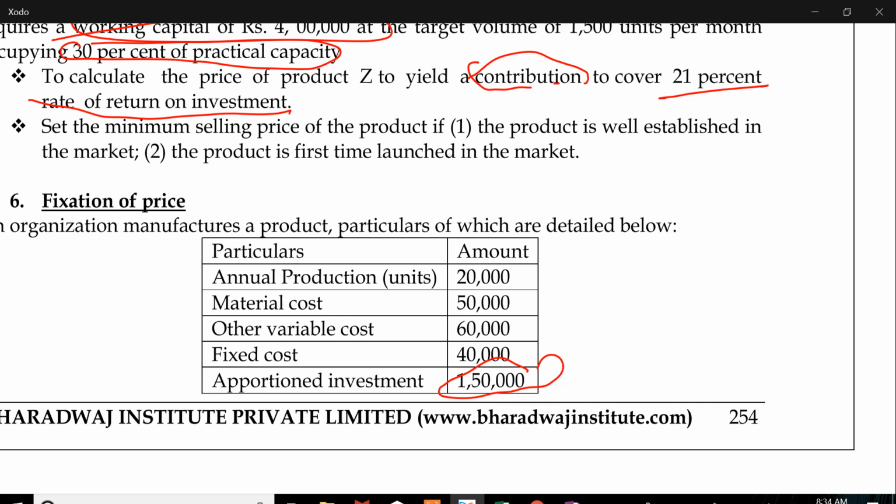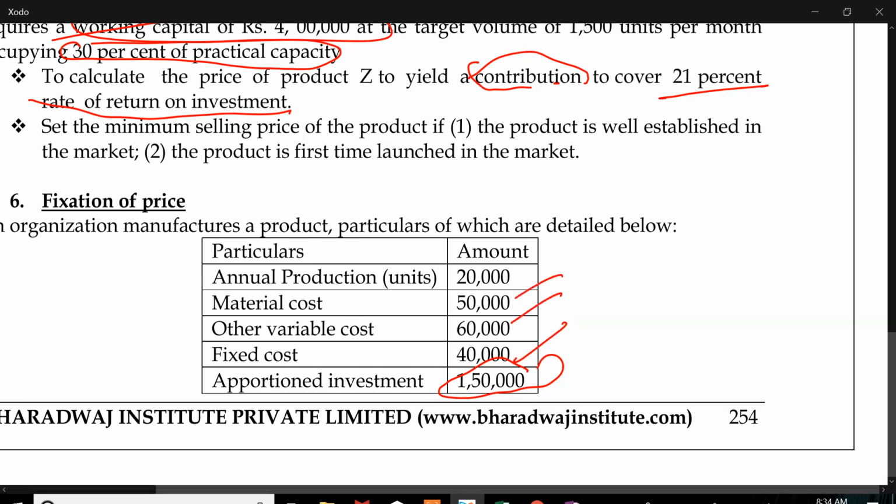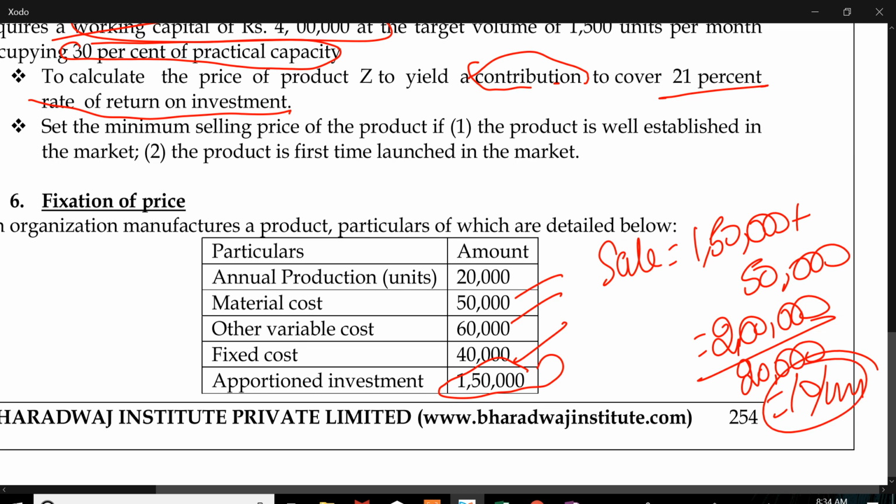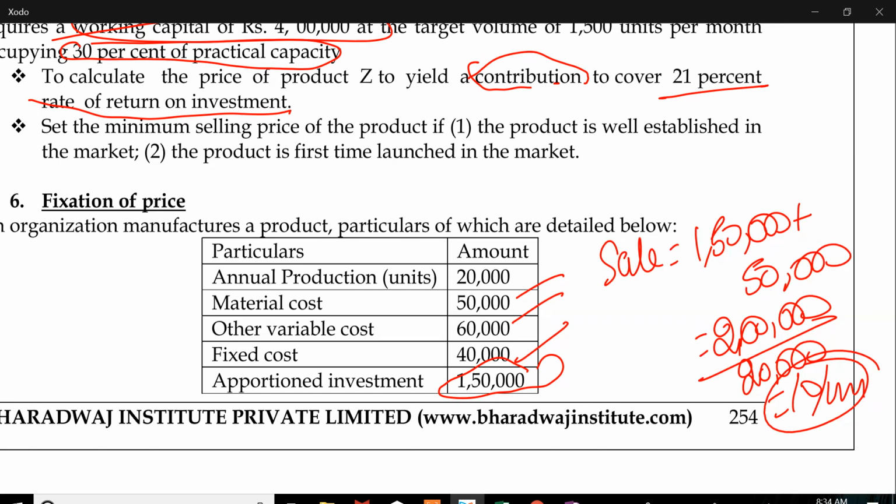My cost is 1,50,000, profit 50,000, so sales is 2,00,000. 2 lakh by 20,000, ₹10 per unit is the selling price. Any doubts on this? Clear?